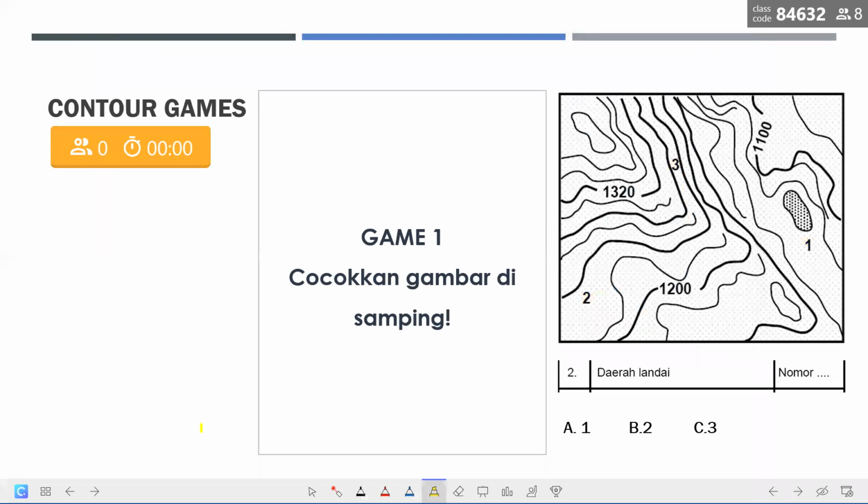Next question. Which is the flat, well, relatively flatter area? Is it number 1, number 2, or number 3? I think this is too easy for you.